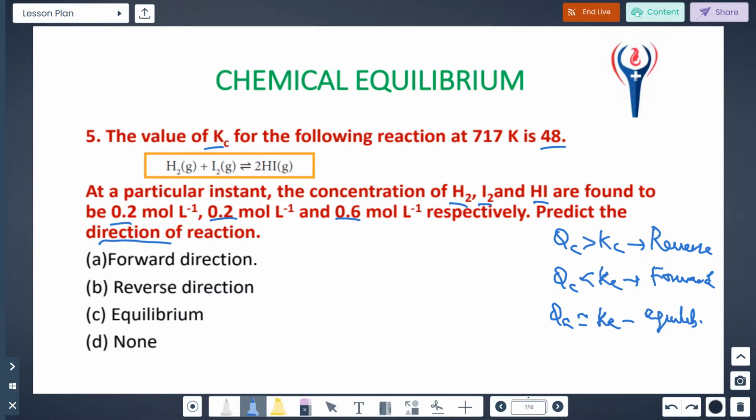So here Kc is already given, 48. Now we have to find out Qc only. How to find Qc? The same formula, product by reactant.